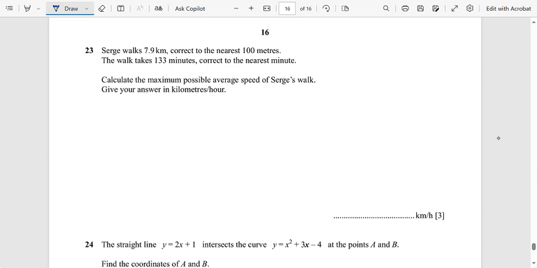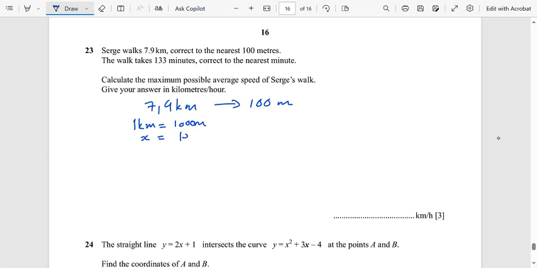So we are given that 7.9 kilometers is the distance that Sage walks, but it's approximated to 100 meters. So we want to change 100 meters to kilometers. We know that one kilometer is equal to 1,000 meters.